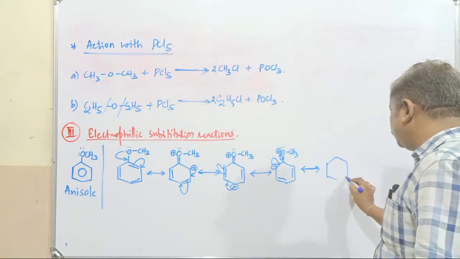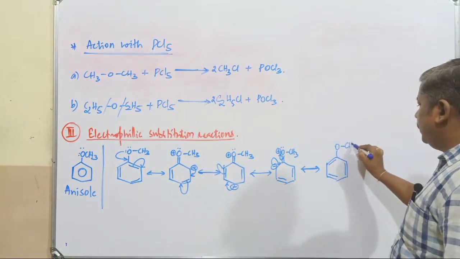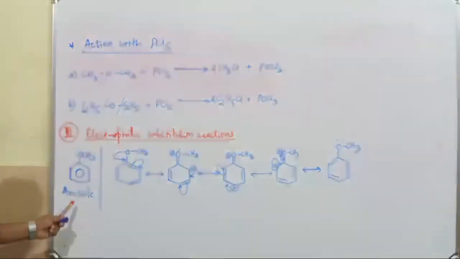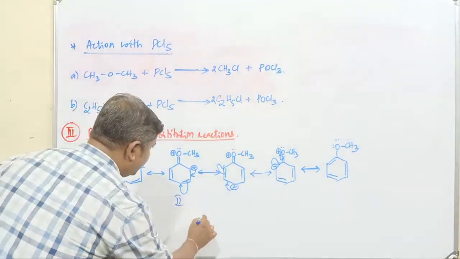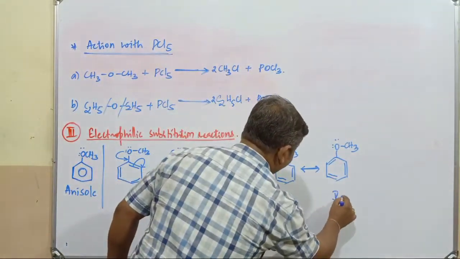So the last resonating structure has double bonds, O, CH3 with lone pair. These are the resonating structures of our compound anisole. This is number 1, second, third, fourth, and fifth.